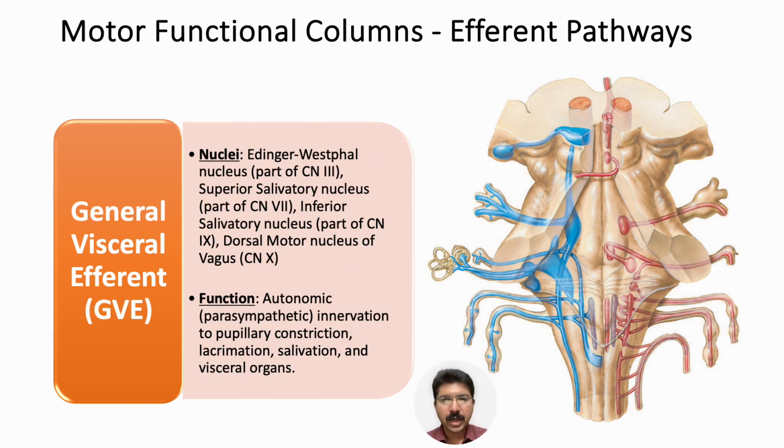The most lateral of the motor columns is the general visceral efferent, or GVE, column. This column houses the parasympathetic motor nuclei. You have to remember that the parasympathetic system is part of the autonomic nervous system responsible for rest and digest functions.